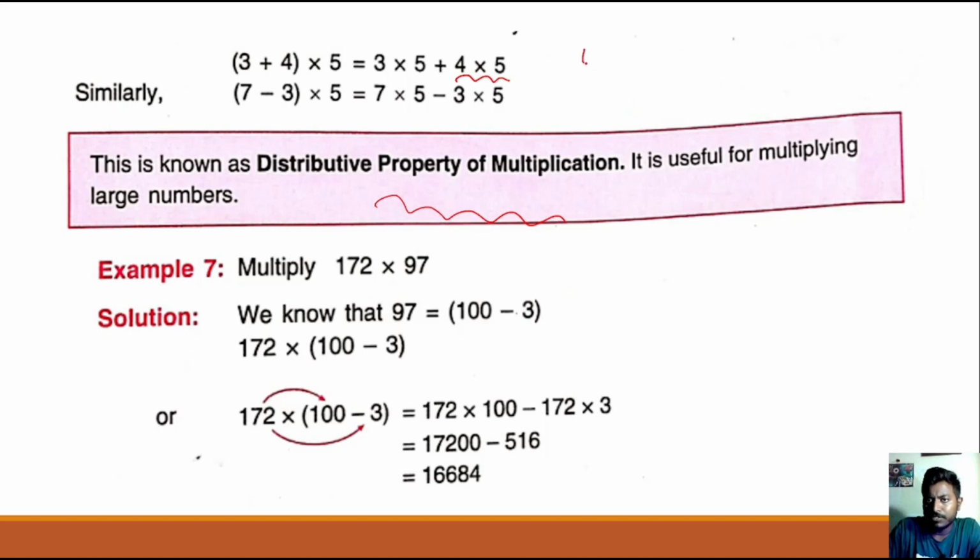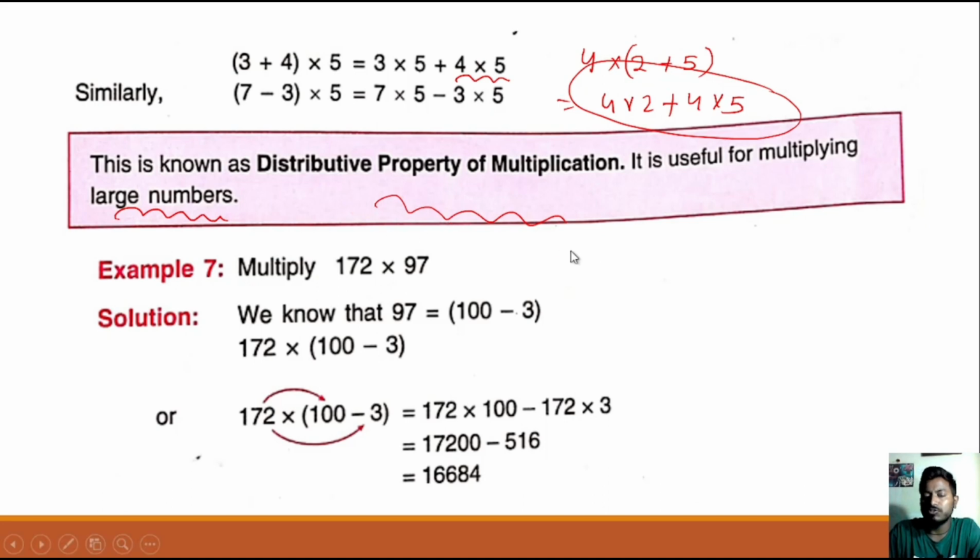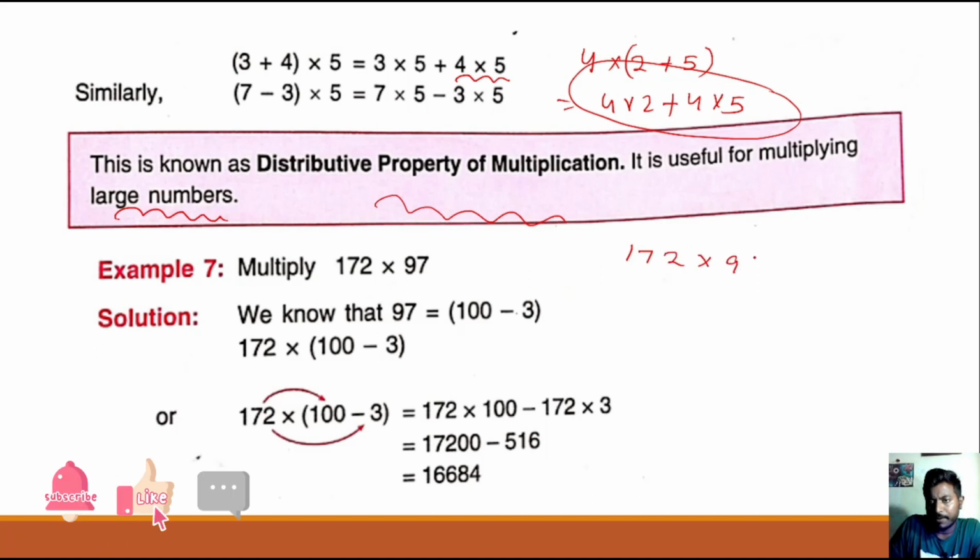Similarly, we can write 4 into 2 plus 5 as 4 into 2 plus 4 into 5. This property is known as the distributive property of multiplication. It is useful for multiplying large numbers. One example is 172 into 97. Here we know that 97 we can write as 100 minus 3.